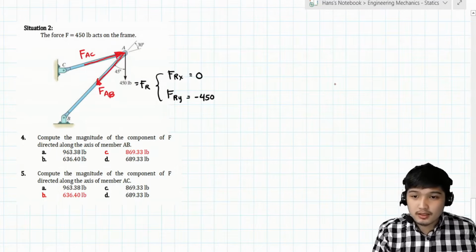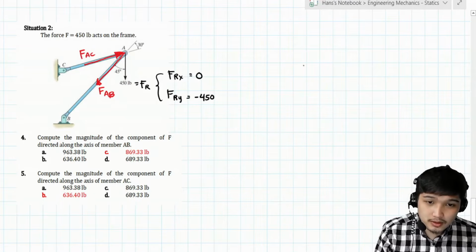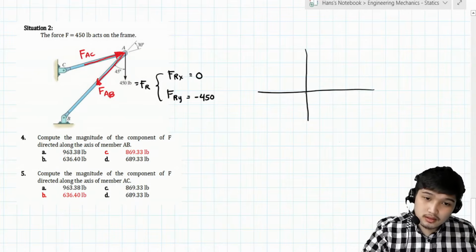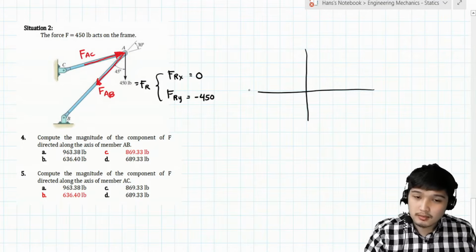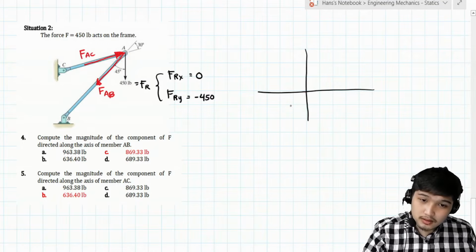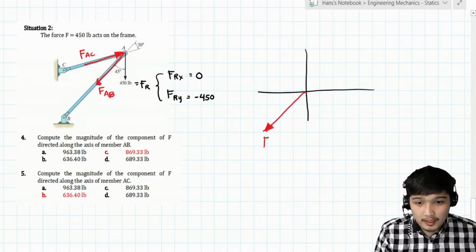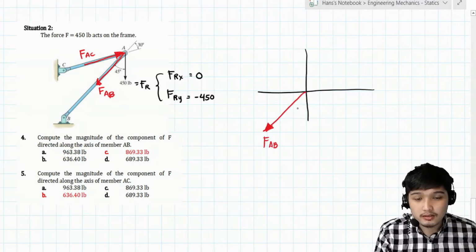So, ngayon, i-try natin class, i-extract para mas ma-imagine natin yung figure. So, we have here, ito. So, wait lang, para hindi tayo malito. So, ito yung FAB. And then, yung angle is 45.